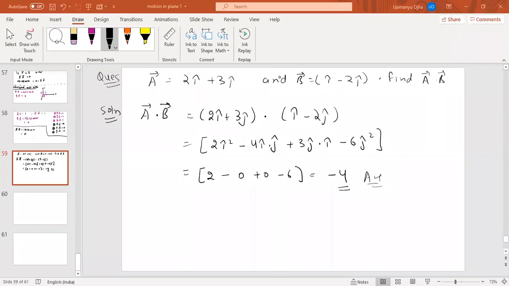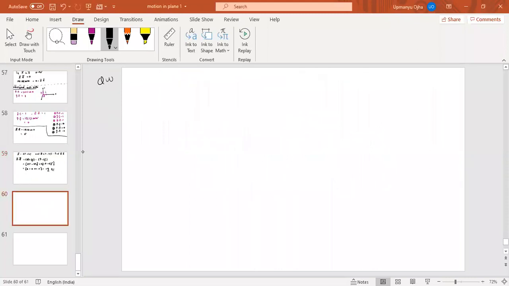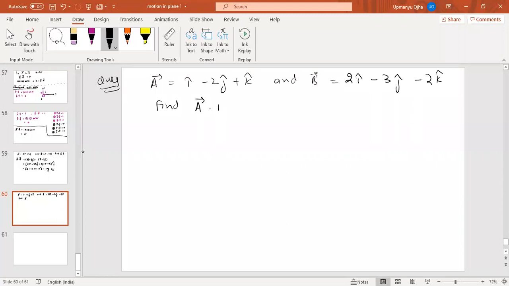One more problem you do, then you have practice for this. If I give you A vector as i cap minus 2j cap plus k cap, and B vector is 2i cap minus 3j cap minus 2k cap, find A vector dot B vector.